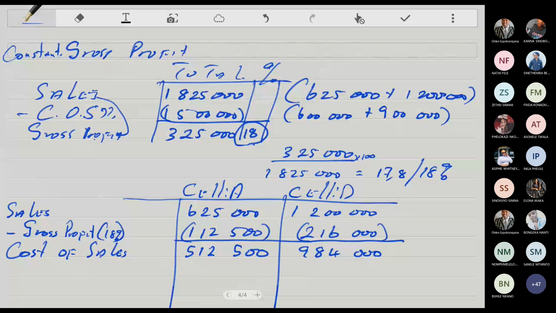Now I'm testing you. Look at the first calculation that we've done.